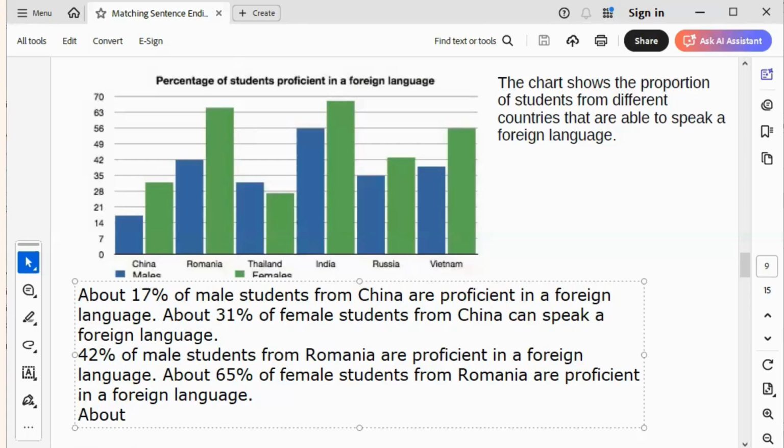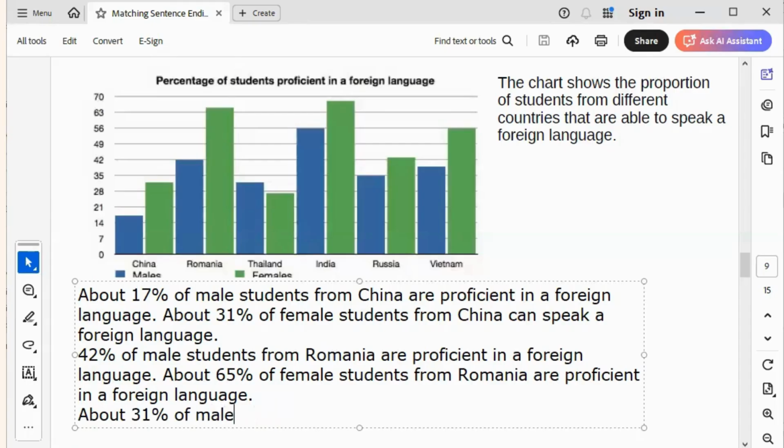So this one is from 28. That's halfway through. That's going to be 28 plus 3. That's 31. About 31% of female Thai, anybody from Thailand is called a Thai. Female Thai students, sorry, male, this one is male, color blue.